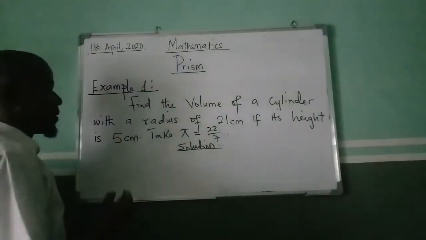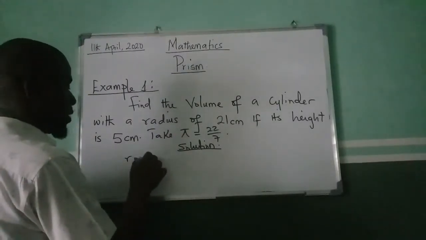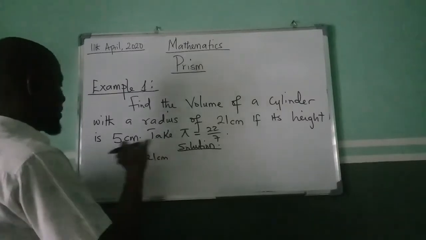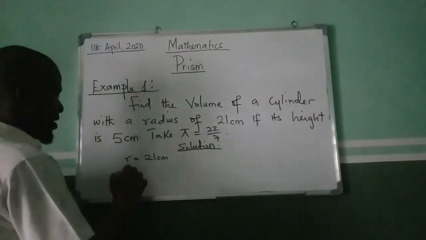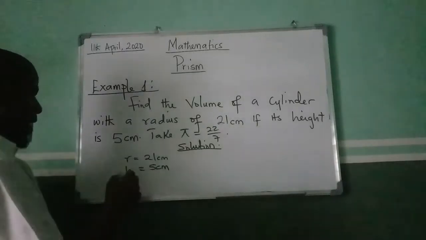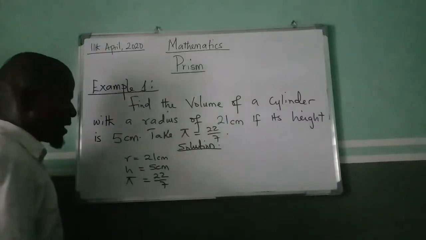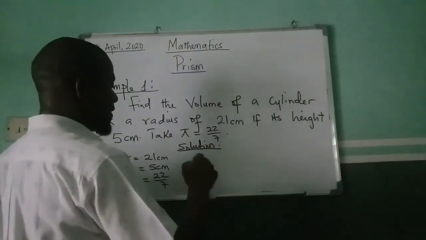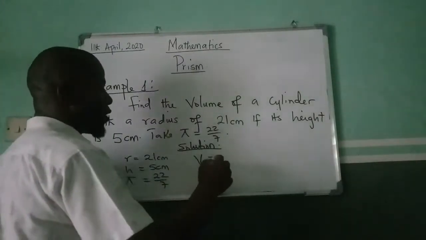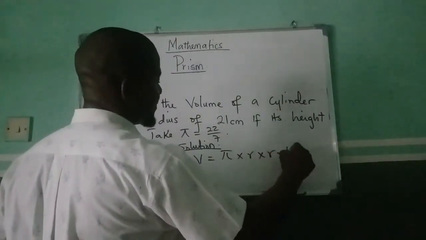Now, you realize that I've been given the radius r to be equal to what? 21 centimeters. The height, h, to be equal to what? 5 centimeters. Then my pi is what? 22/7. If this is what I have, then my volume, V, will be equal to pi times r times r times h.